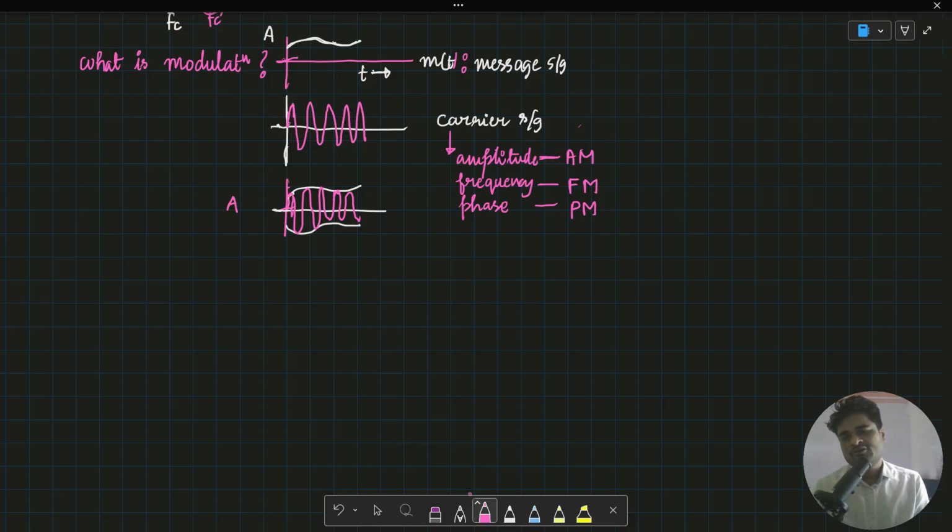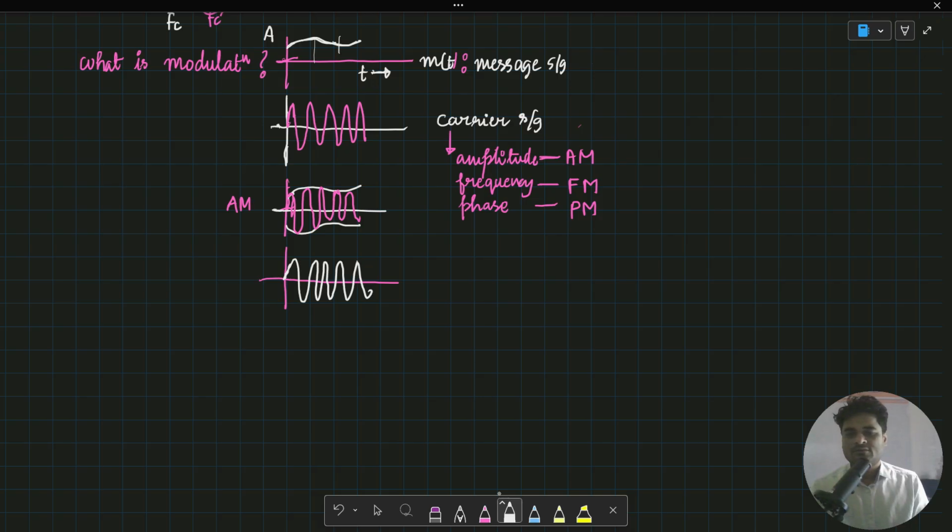And in case of frequency modulation, what will happen? Amplitude remains the same, but frequency changes: at higher amplitude the frequency will become more, so this will become dense. And at lower amplitude, you can understand it like this. I am not able to draw it properly, but you can understand.